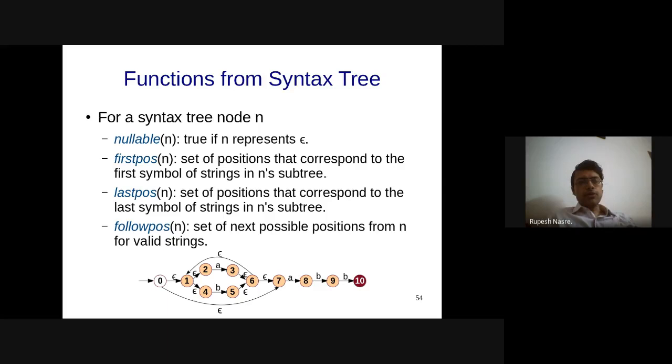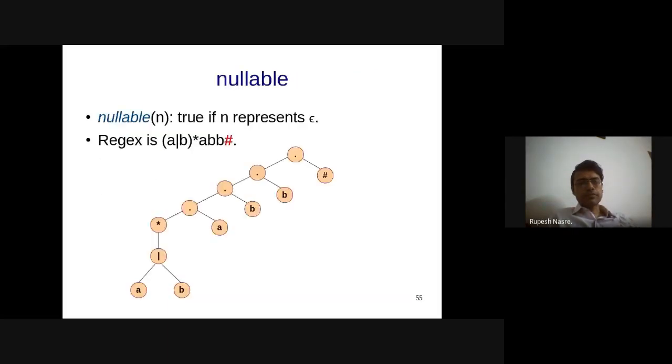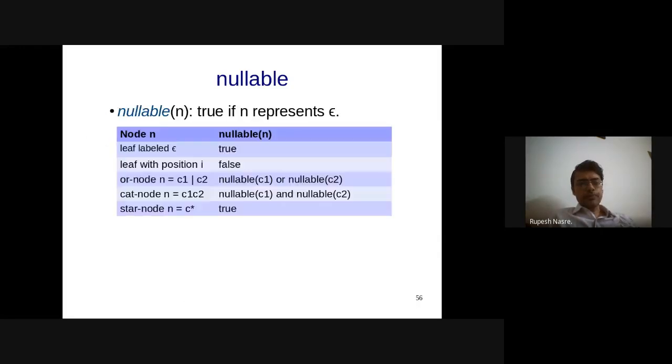I'll just briefly go through each of those definitions just to recall. So we said that in general, the leaf nodes which represent a non-empty character, the actual characters like A and B, are all non-nullable, whereas star represents nullable. Right? In our example, only star was nullable.